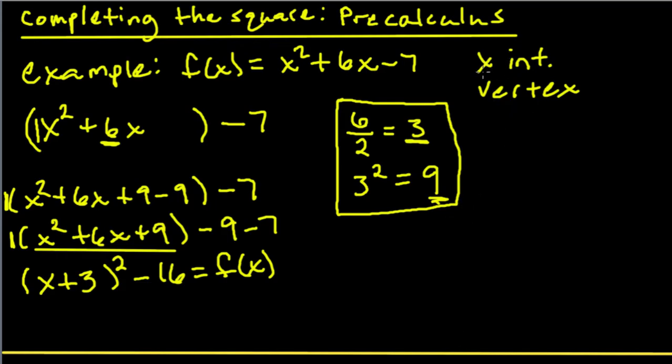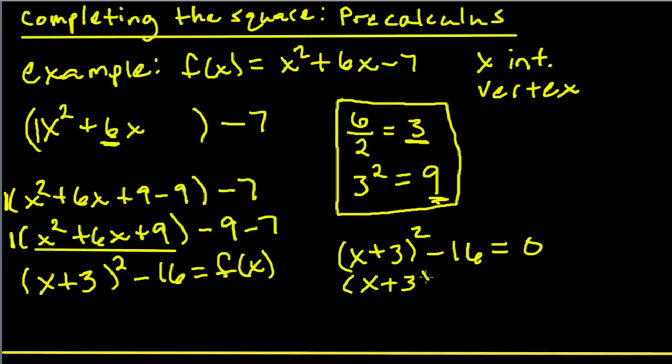In order to find our x-intercepts, we'll set this equal to 0 and solve for x. So we have x plus 3 squared minus 16 equals 0. Add the 16 to both sides, so we get x plus 3 squared equals 16.